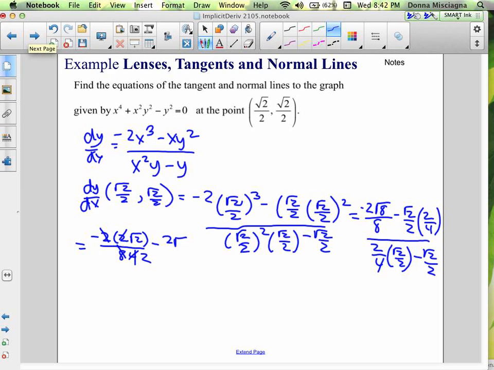We've got a lot of reducing over here. We had square root of 2, this was we had a square root of 2 times 2. So that's going to be minus 2 square roots of 2 all over 8. Right? But we could reduce that to a 4.